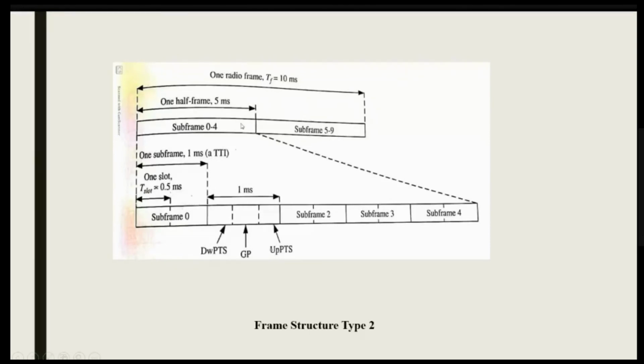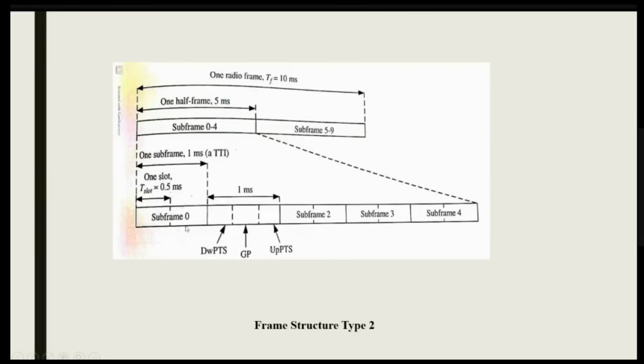Totally there will be 10 subframes, and each subframe will have 2 slots, and once again one slot will be 0.5 milliseconds. So 2 slots we call one subframe, subframe 0 to subframe 9, whereas subframe 0 to subframe 4 will fall into the first half of the total frame.